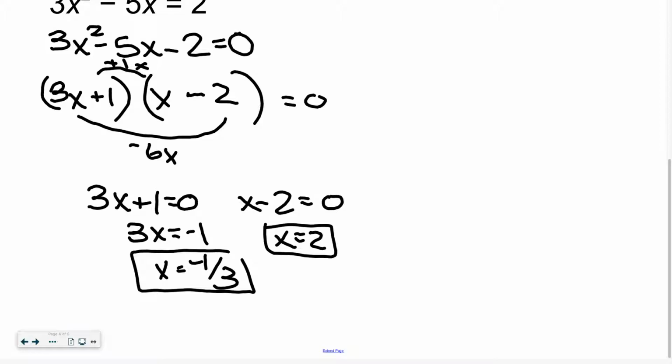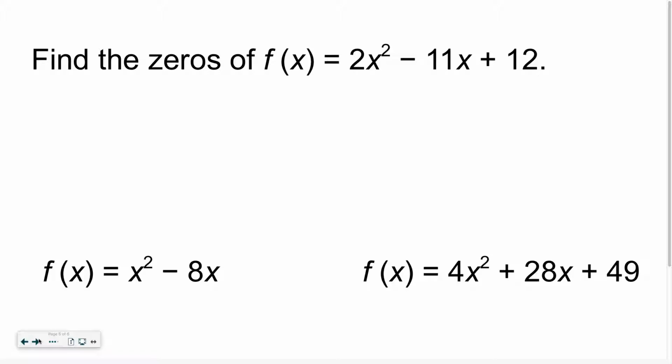Now, one other thing that I want to clarify, because in your homework tonight it's going to have another set of directions. Another set of problems will say something like this: Find the zeros of f of x equals the quadratic.